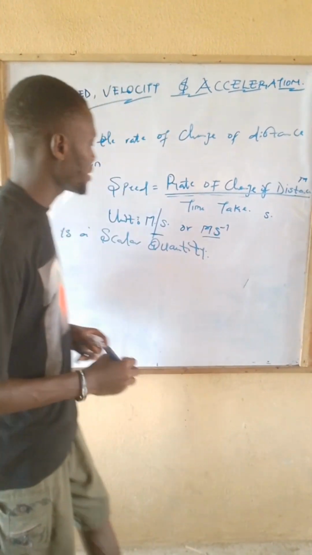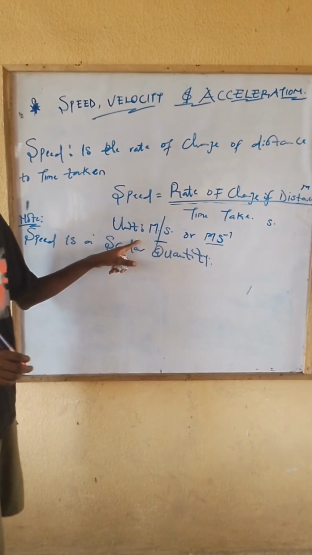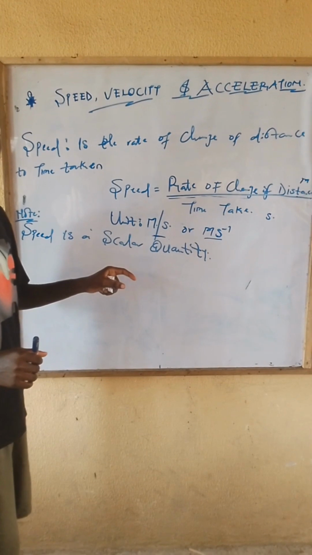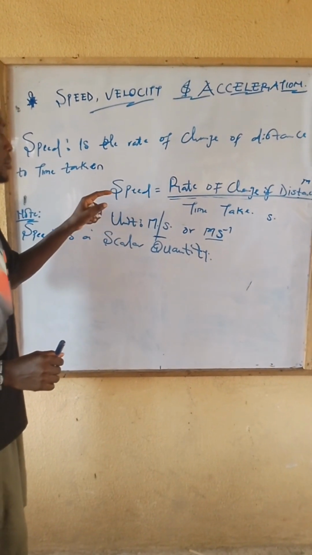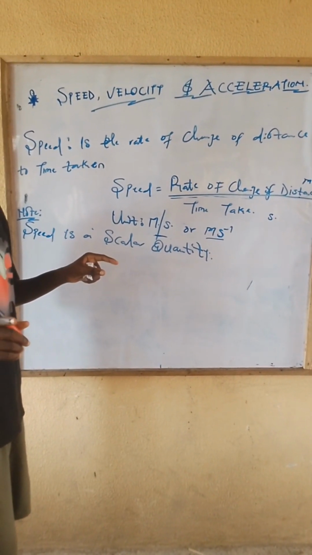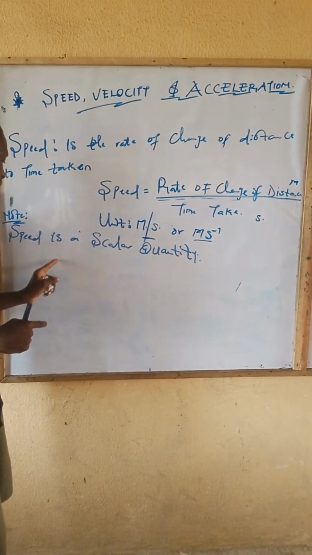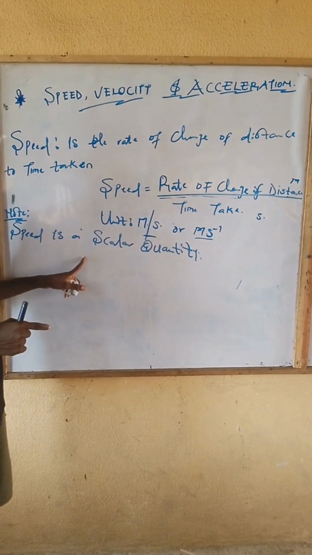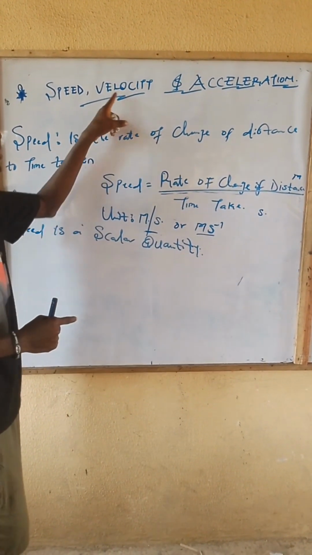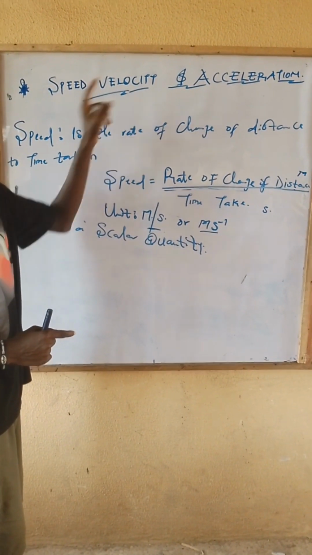Why? Because they have the same unit, but different definitions, in terms of one being a vector and one being a scalar quantity. Speed is a scalar quantity. Velocity is a vector quantity.